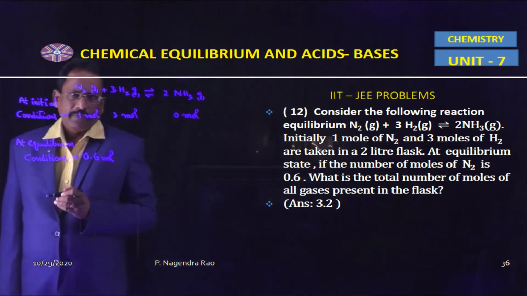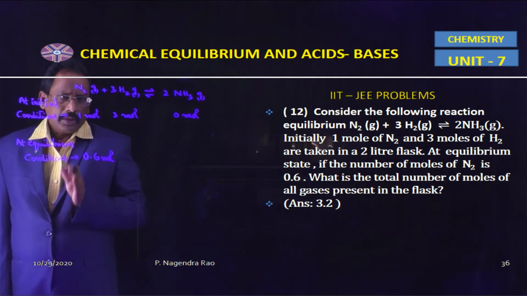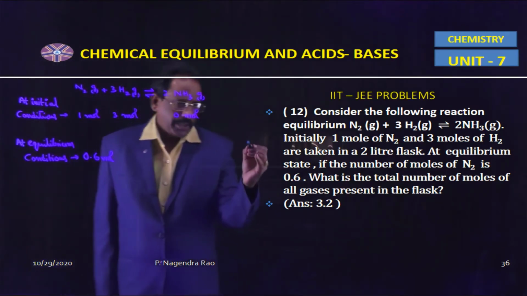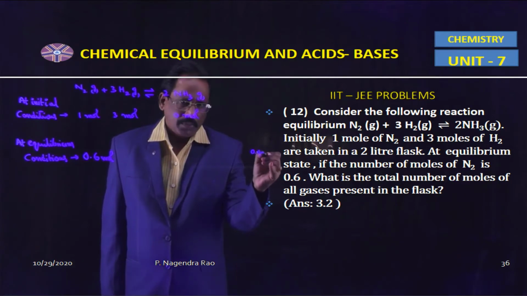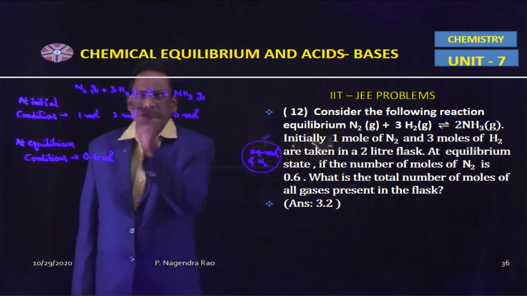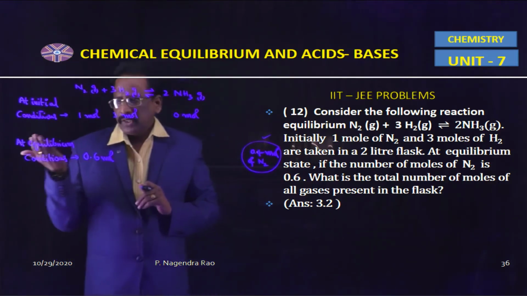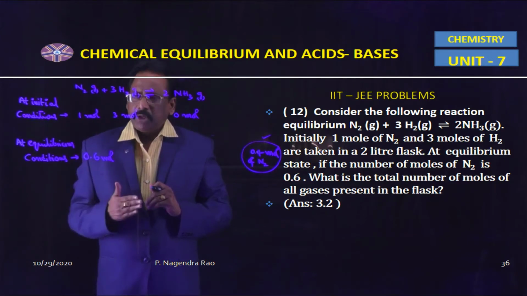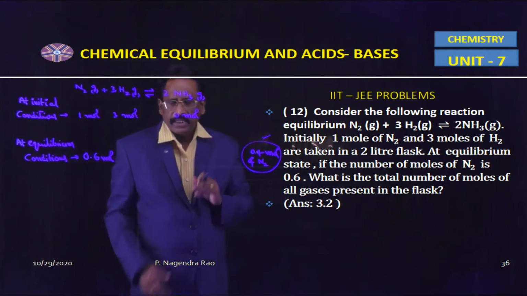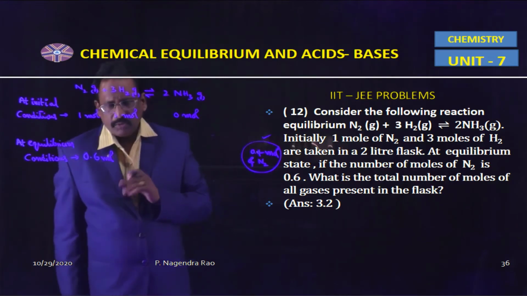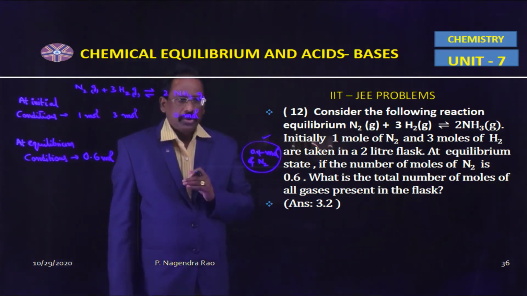From this, the number of moles of nitrogen gas involved in this dynamic equilibrium is 0.4 moles, because at the equilibrium stage, the remaining number of moles of nitrogen gas is equal to 0.6, so 1 minus 0.6 is equal to 0.4 mole.